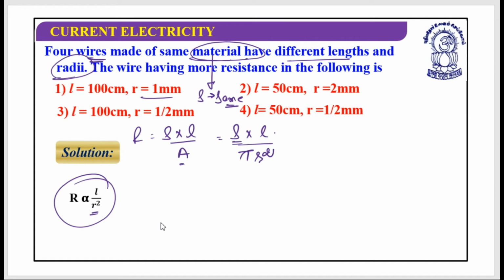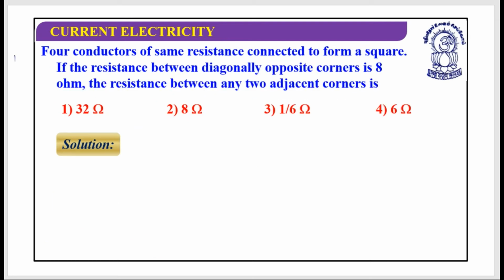This is 100 centimeter, this is 1 mm, and using trial and error, let's just find out which wire has the more resistance. Can you do this? Great. Do it on your own. It's a try yourself. Please do it.